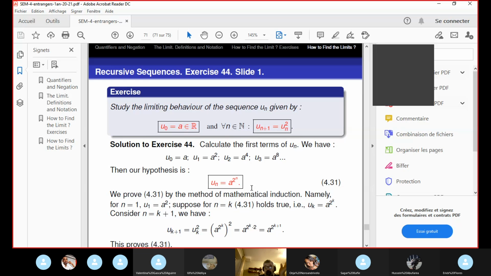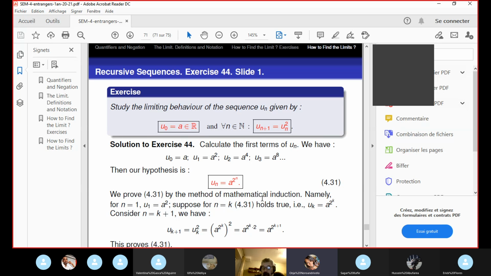We know by our hypothesis that u sub k is a to the power 2 to the power k, squared, then the easy calculation gives us that it will be a to the power 2 to the power k plus 1. So our hypothesis 4.31 is proved. Agree?